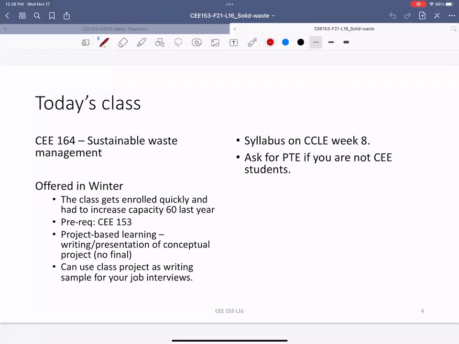Next time you apply for an interview, they always ask for writing samples. Some undergrad students may have report writing experience, or have published a paper as a co-author, but many of you will not get that chance, or at least it's not feasible. So this class provides you that.